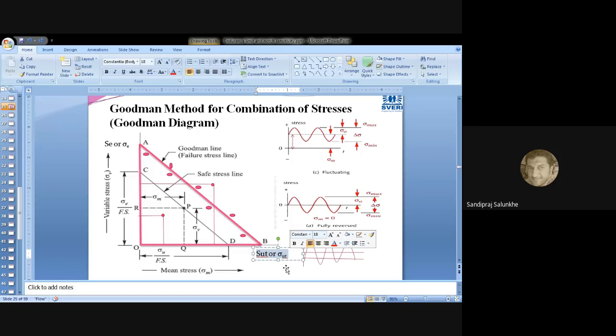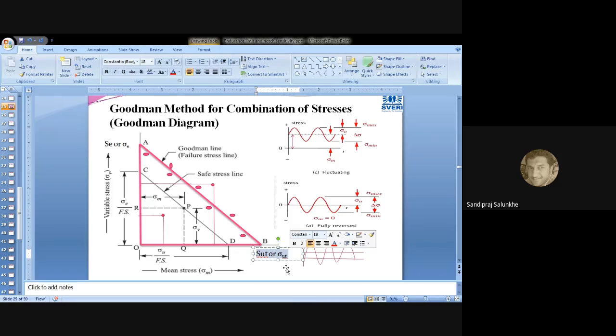So Soderberg is the name of that engineer who has again given some important applications of his diagram. So what he has considered is the ultimate tensile strength and the yield strength also.